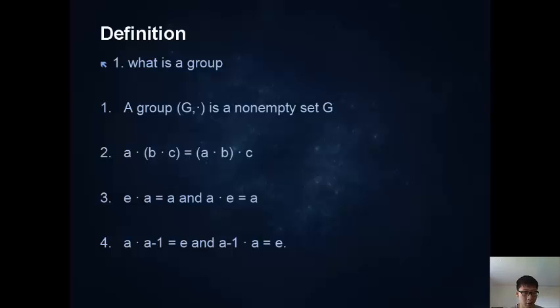To represent it as an equation, we can say A times A to the power of -1 equals the identity, and A to the power of -1 times A equals the identity. After you prove all these four conditions, we can say the set G is a group.